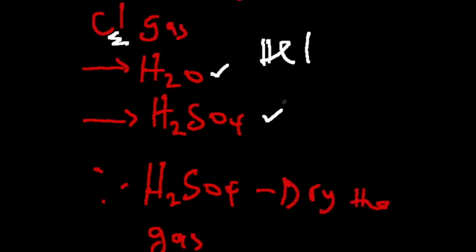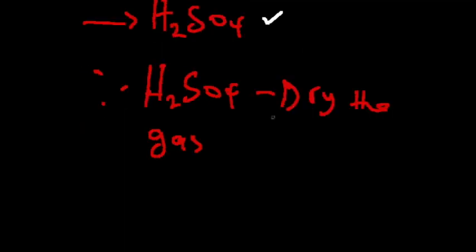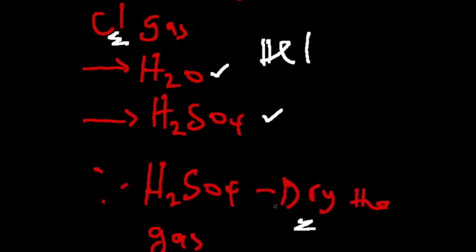So what happens is, when the chlorine gas has been obtained, it is passed through H2O to remove hydrochloric acid, and thereafter passed through concentrated H2SO4, that is concentrated tetraoxosulphate 6 acid, to remove traces of water. Therefore, we can say that H2SO4 is used to dry the gas or remove water from the gas.